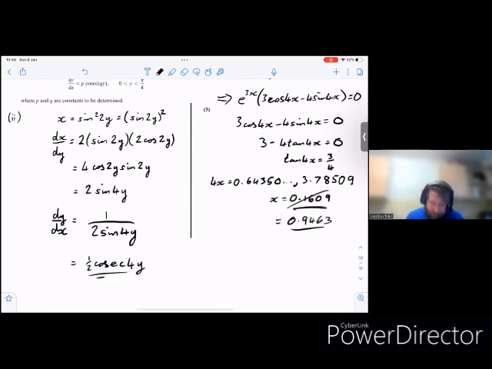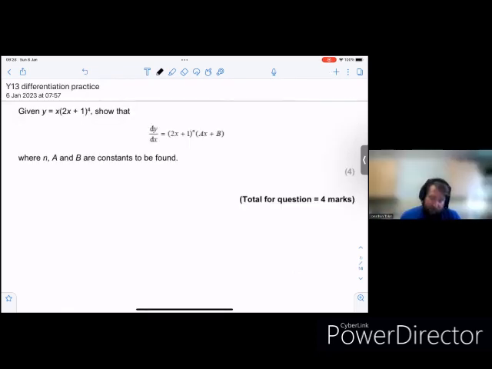For this one, we've got y equals a product. So because it's the product rule, we're going to be using u dash v plus u v dash. And we're going to call u, x, and v, (2x plus 1) to the 4.